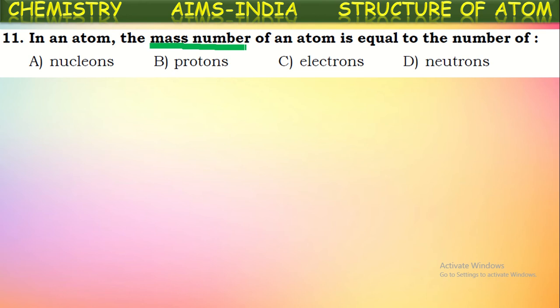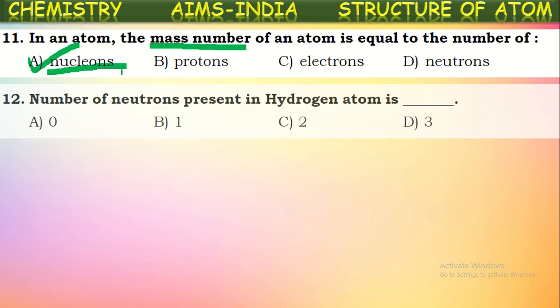So mass number is equal to the number of nucleons of an atom. Where is it nucleons here? If it is mentioned as protons plus neutrons, that is also correct, but all these together are considered as nucleons. So this is also right.